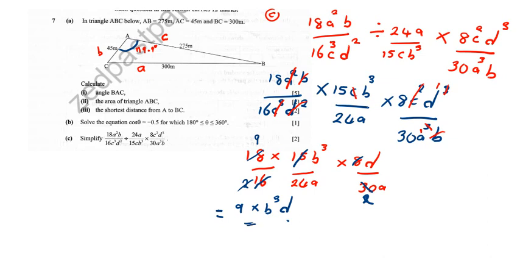So over 48 a squared is equal to, so when we simplify 9 divided by 48, we are getting 3 over 16.